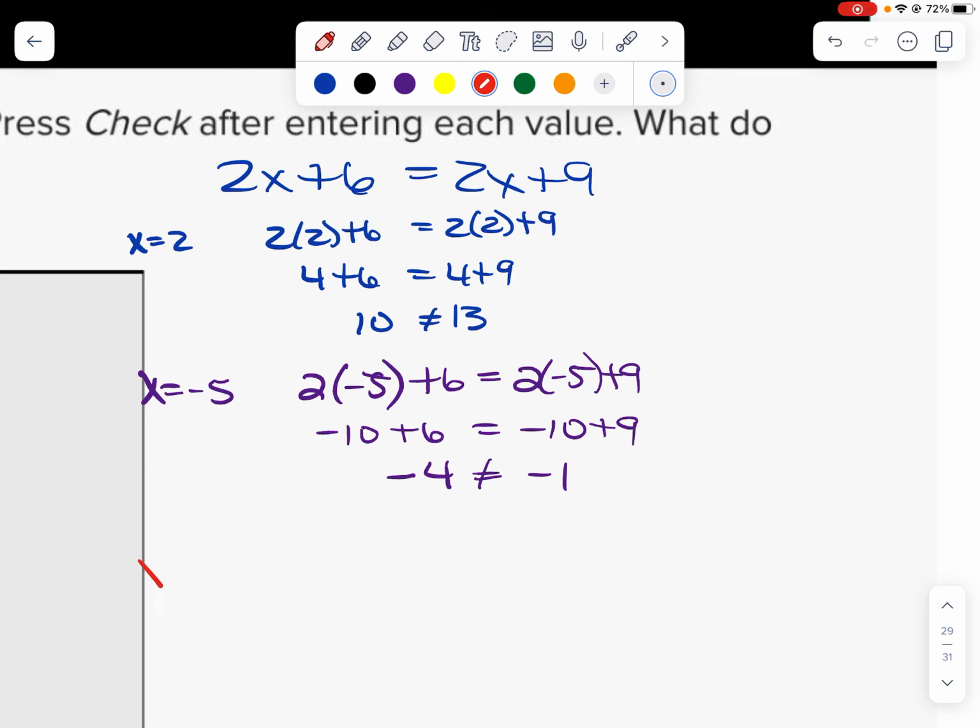Let's say x equals 15. 2 times 15 plus 6 equals 2 times 15 plus 9. 30 plus 6, 30 plus 9. 36 does not equal 39.